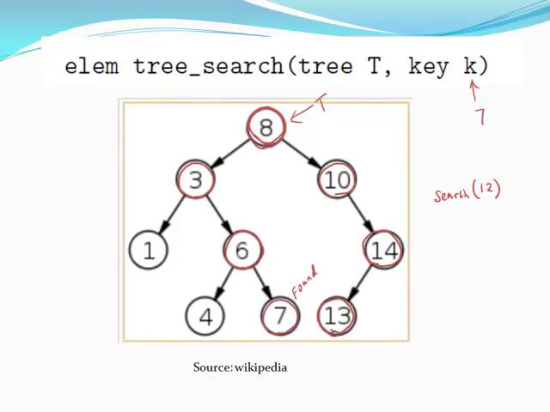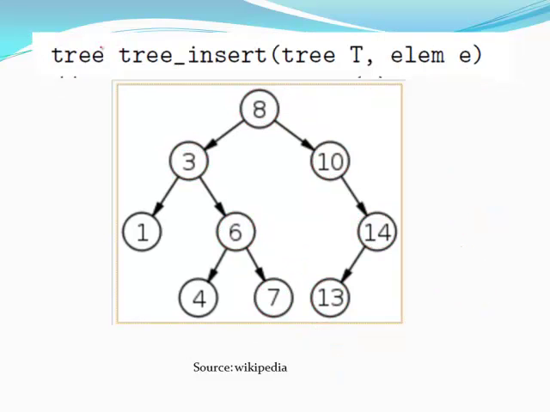Now we are at 13. We go to the left again because 12 is less than 13, but we find out that we cannot go any more. So what this means is that the search for 12 must return null, actually in this case, because we are always returning an element. So if the search returns null, then we know that the element is not found.